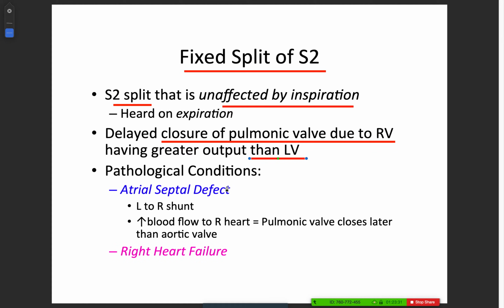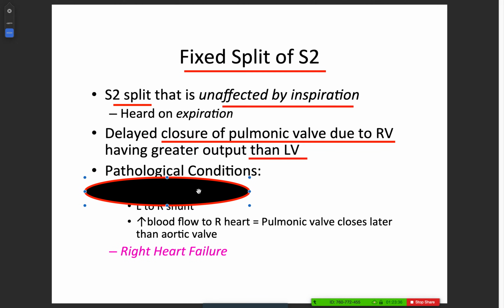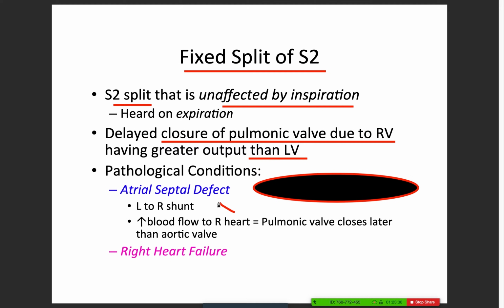All right, so whenever you hear fixed split, I want you to think about atrial septal defect. Atrial septal defect is going to be the number one thing that you're going to see on your Step 1 for this fixed split. Right heart failure can do it too, but there's not many causes of right heart failure that doesn't involve the left.